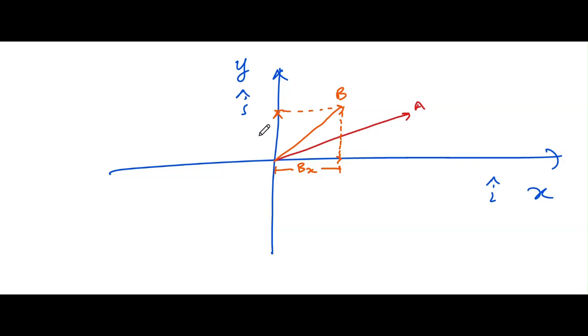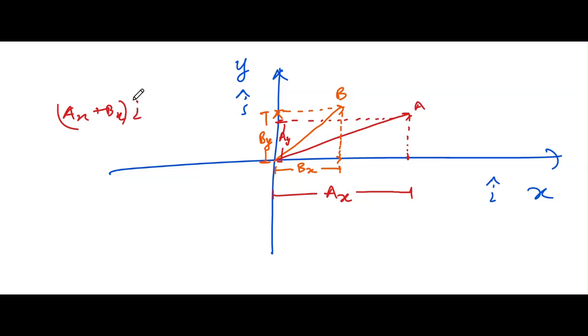So this magnitude is By, and similarly Ax, this length actually, and up to here this is Ay. So what we are doing, we are adding this Ax plus Bx to get the resultant vector along the x-axis, and this Ay plus By we are getting along the y-axis.